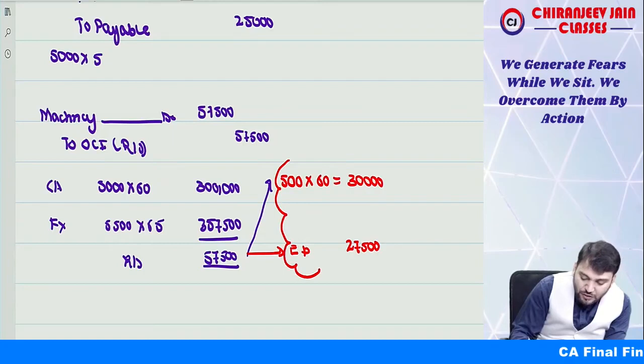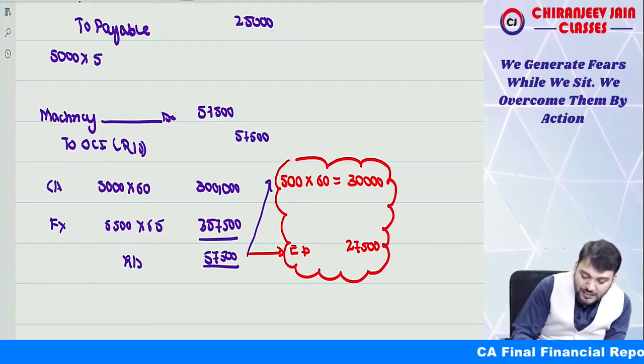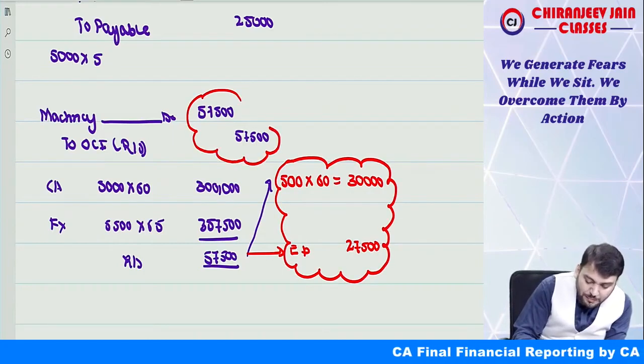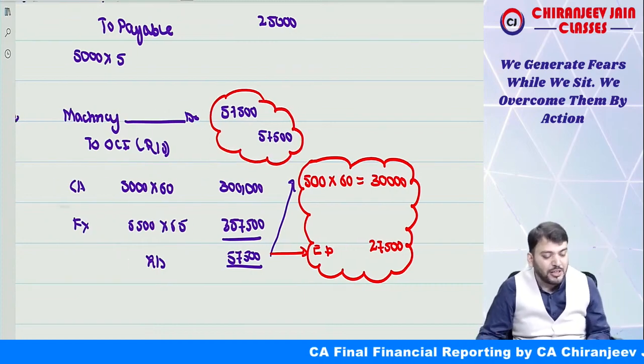But this bifurcation is not required. You can do one compound journal entry.